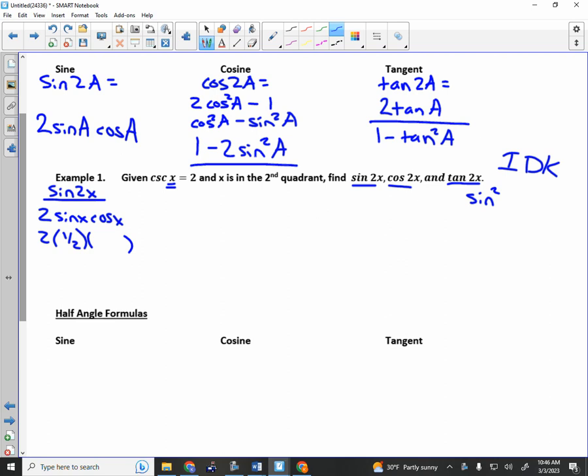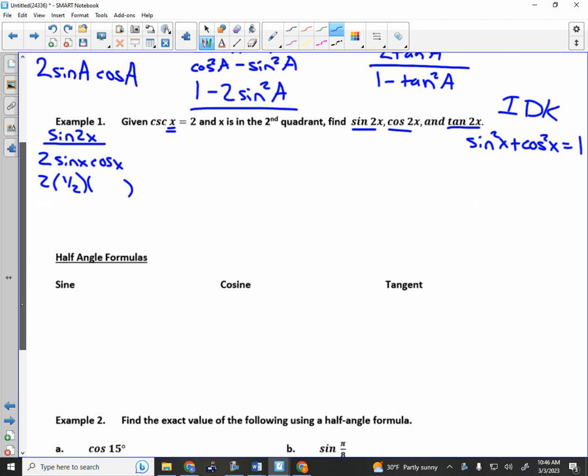Sine squared of x plus cosine squared of x is equal to 1. You remember that formula? So we can use that to find the cosine value. We've done that before, haven't we?